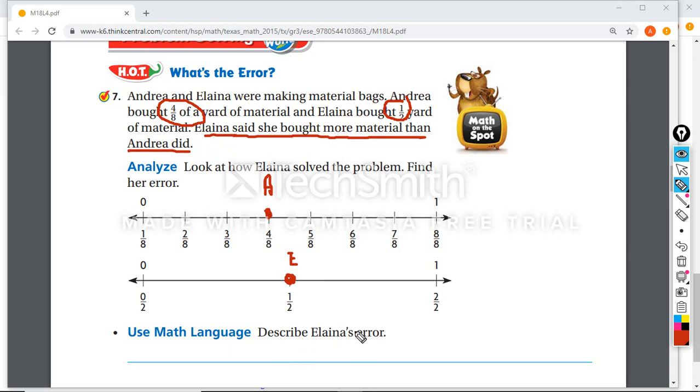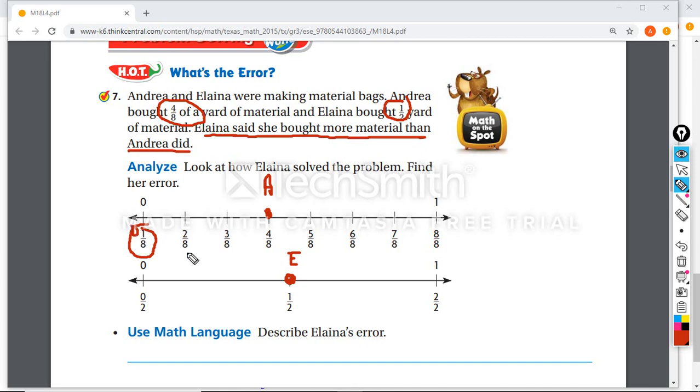Describe Elena's error. Why is she incorrect? Why is this answer not right? Do you see it? The error is right here, boys and girls. Andrea did not start her number line with 0/8. This should be 0/8 here.